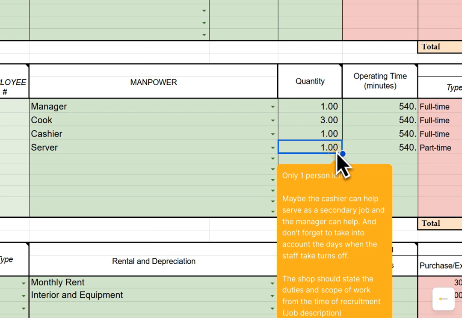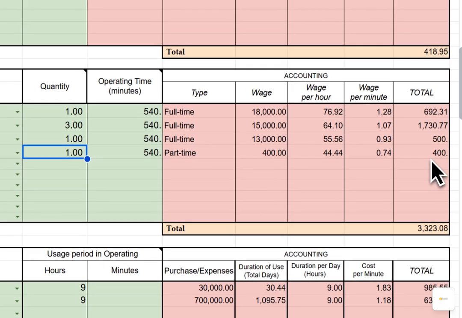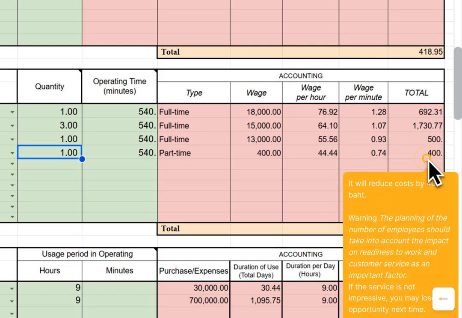The shop should inform the duties and scope of work from the time of recruitment. It will reduce costs by 400 baht. Warning: planning the number of employees should take into account the impact on readiness to work and customer service as an important factor. If the service is not impressive, you may lose opportunities in the future.